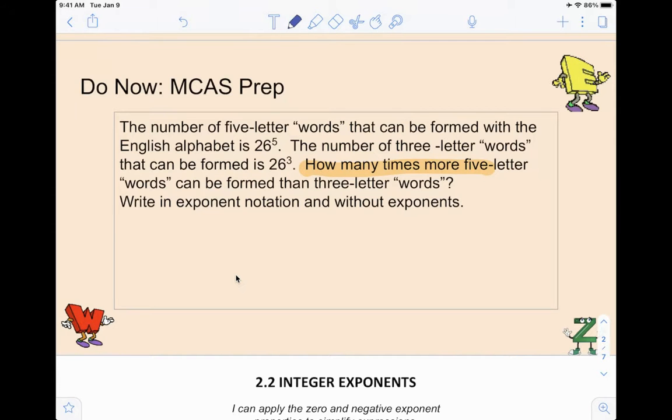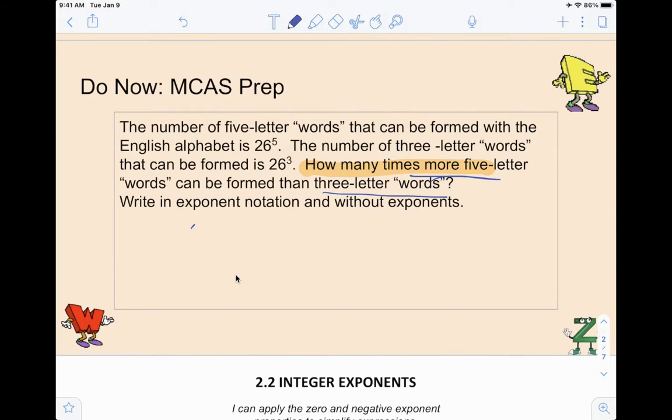And so we're going to take 26 to the 5th power, which is the total number of 5-letter words that can be formed, and divide it by the number of 3-letter words.